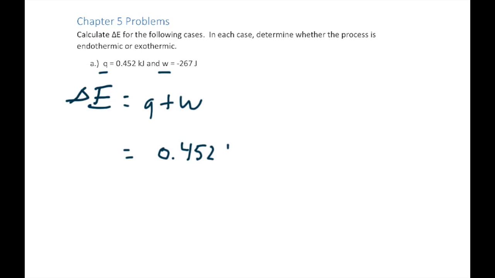0.452 kilojoules plus we are given negative 267 joules. Now, important point here, notice the units are different. We're working with kilojoules and joules.